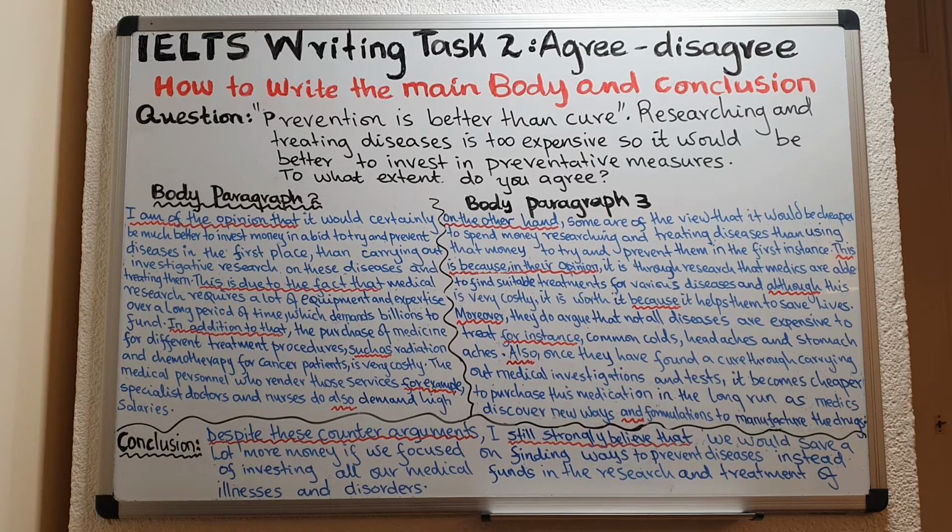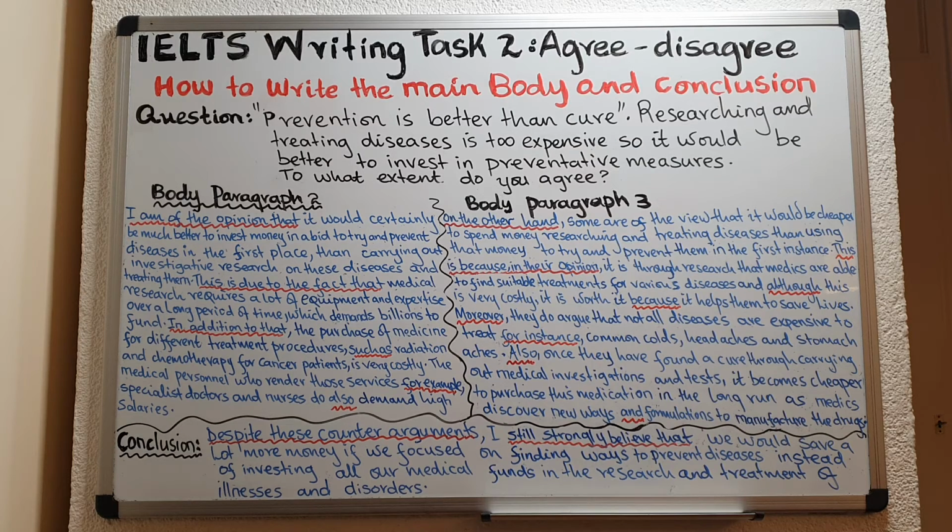After that, I introduce the second idea to support that point of view. I use the linking word moreover. They do argue that not all diseases are expensive to treat, for instance, common colds, headaches, and stomach aches. So that is the second argument that they give.